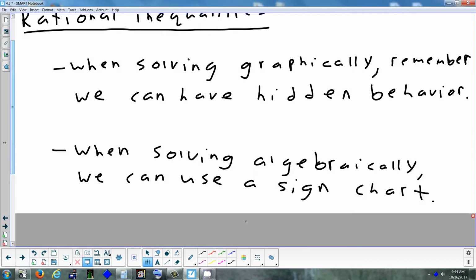So the only way we can solve algebraically is a method we've done before, which is a sign chart. We make a pattern. So this relies on the problem being factorable. If it is not a factorable problem, we are not going to be solving it algebraically.